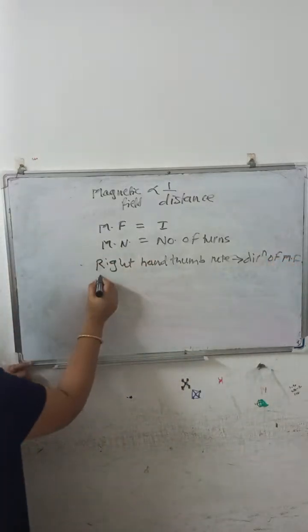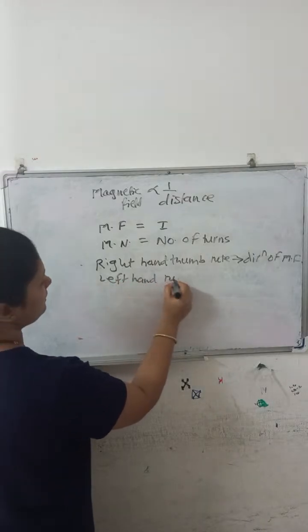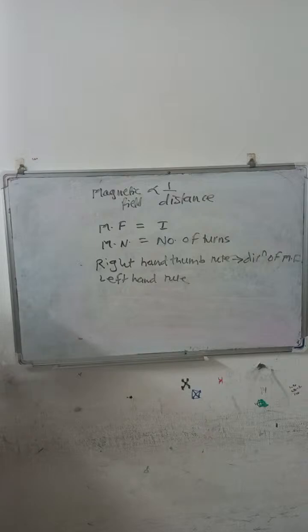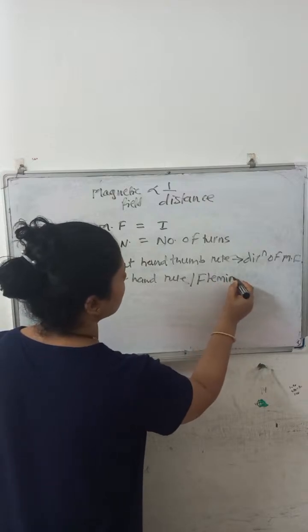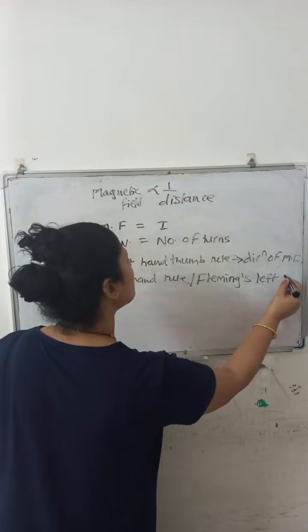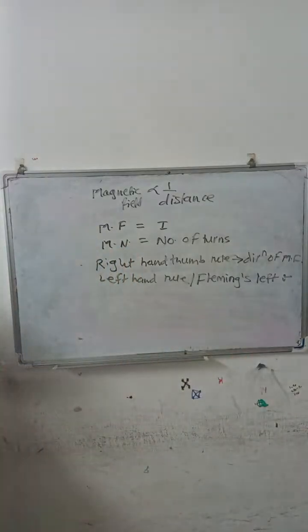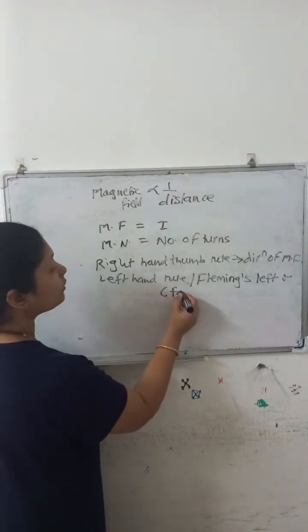There is also a left hand rule, known as Fleming's left hand rule. There was a scientist who discovered it. We use Fleming's left hand rule to find the force.